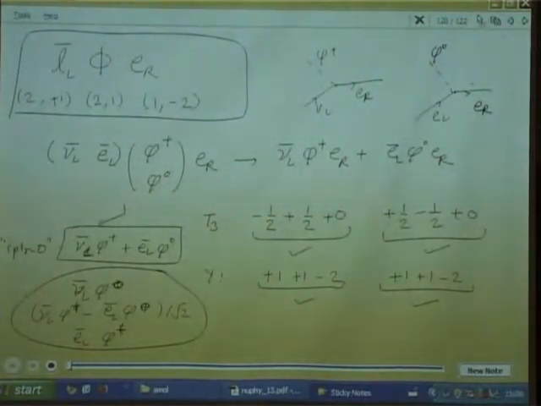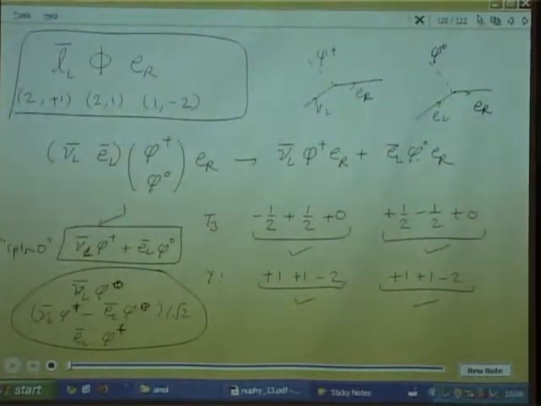And after passing through a vertex, is it necessary to change the chirality? This is your interaction term. See, I have no control over what to do with chirality. My interaction term is given by this. My EL and ER are different particles. In the standard model, I don't say that I have an electron which has a left component and a right component. I say I have two different particles.